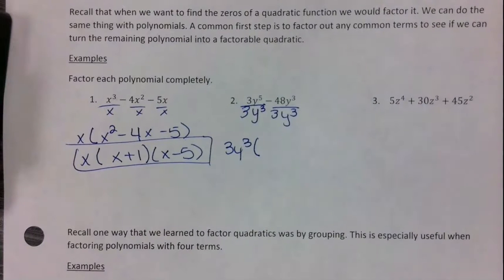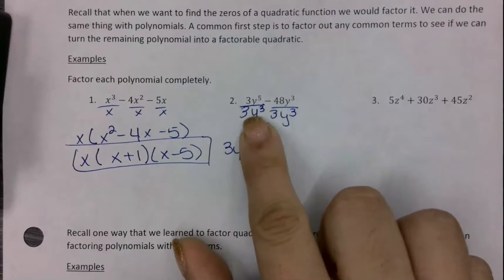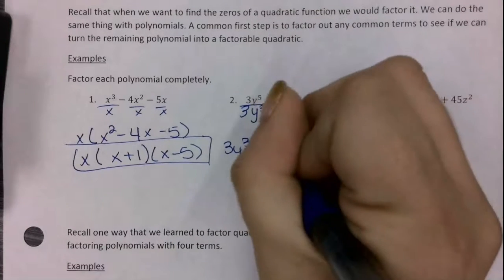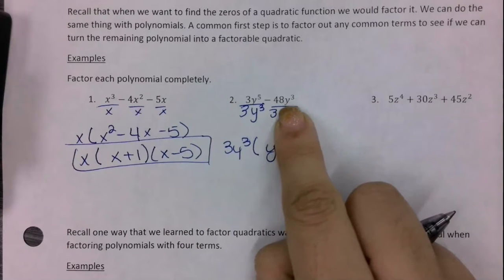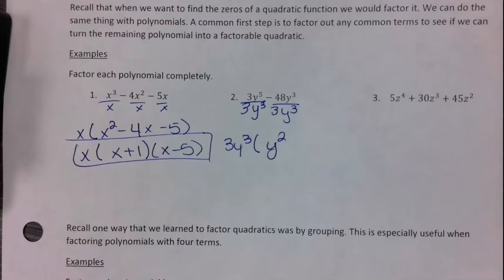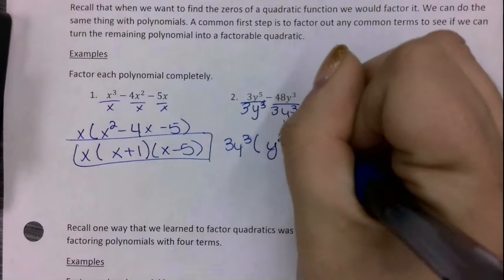What's 3y to the 5th divided by 3y cubed? Y squared. -48y cubed divided by 3y cubed. 16. It's still negative.